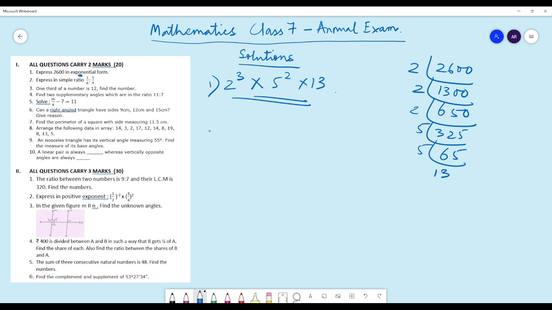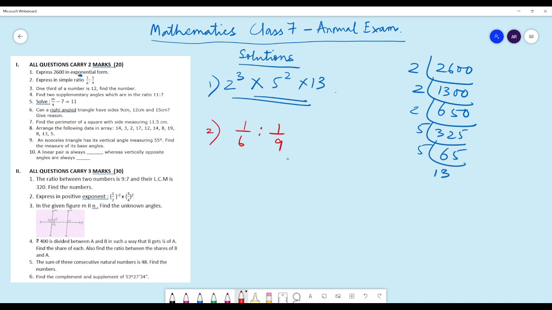So now next, let us move on to express in simple ratio. So when you're expressing, let me use a different color for this so that it's easy for you to understand the sequence of questions. So express in simple ratio, the ratio which is given over here is 1 by 6 is to 1 by 9. So what we do over here is first we get them a common denominator. How do we get a common denominator?